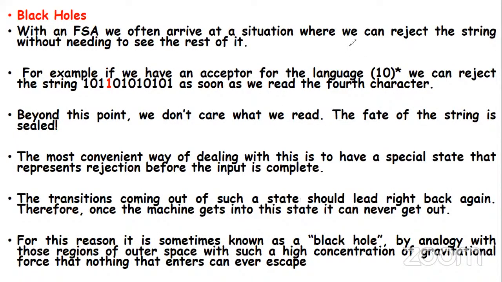Now you have state A, and let's assume state A is the initial state. Now state A goes to B on 0. But when you inspect, you find out that there's no state leaving A on 1, right?